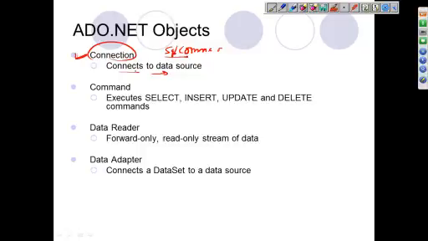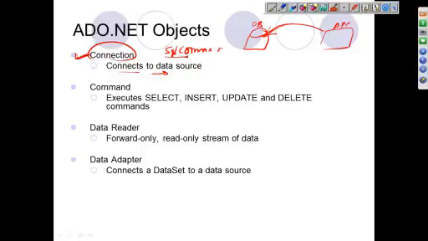Whenever we want to communicate with the database, these are two different processes running on your machine, one is the application, one is the database. So before fetching or updating, the first thing is you will have to open a connection to the database, which is done through the connection object.